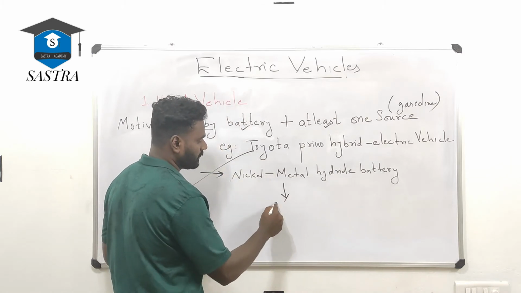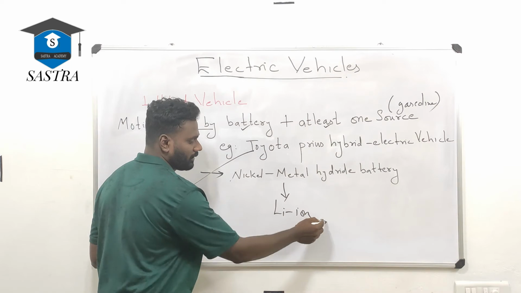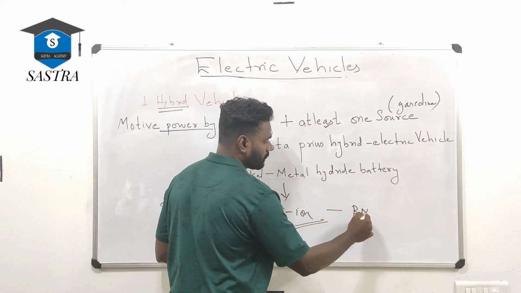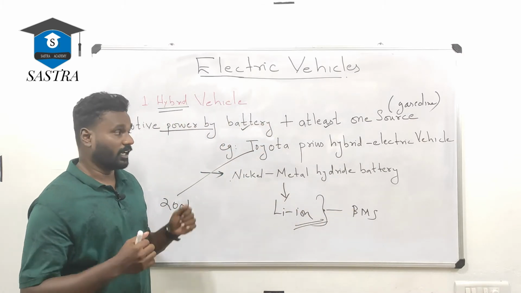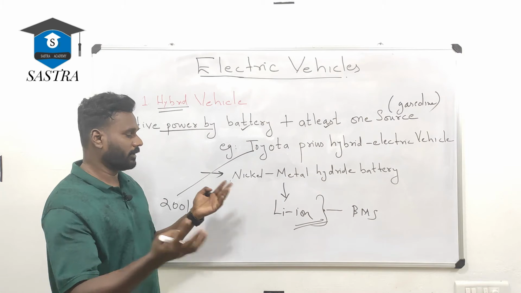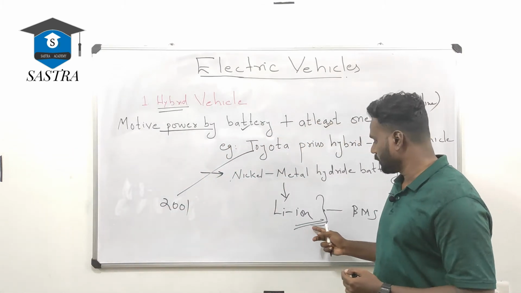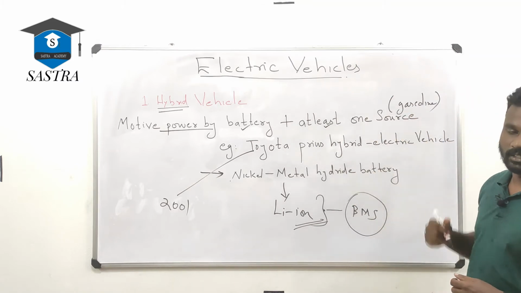Now it is replaced with lithium ion. In the previous class I told the problems with lithium ion. So the battery management system is important if we are using lithium ion batteries, as in every device the battery is being replaced with lithium ion. The BMS has a very important role in electric vehicles also.